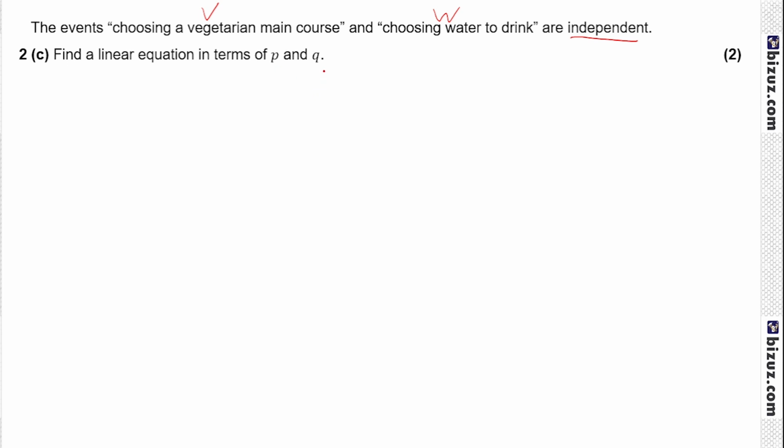Now, independence of two events implies a certain number of equivalent conditions. You could say that the probability of the intersection of the two events, V intersection W, is just going to be the product of the probabilities of V and W. So we could use this condition, and there's also the fact that the probability of one event happening is independent of whether the other happens or not.